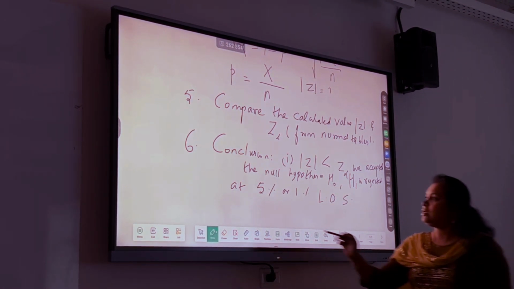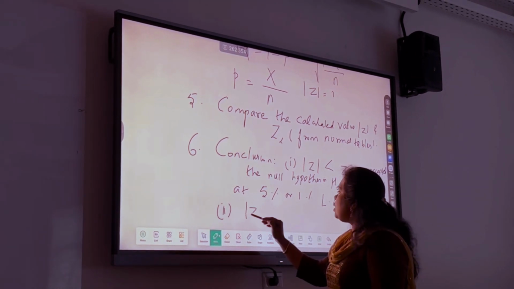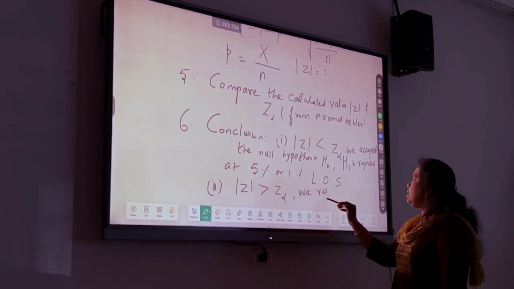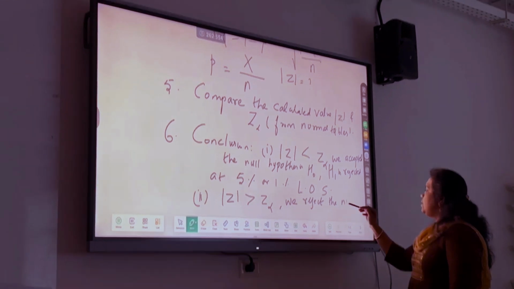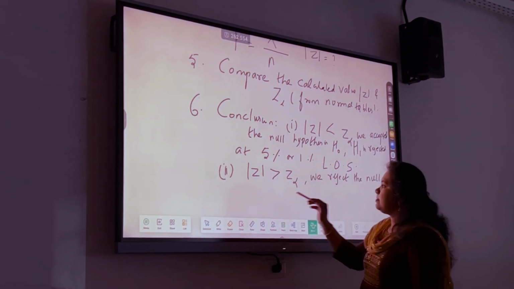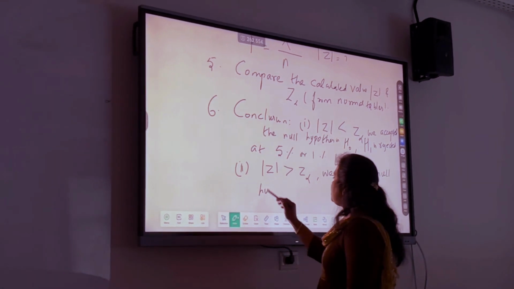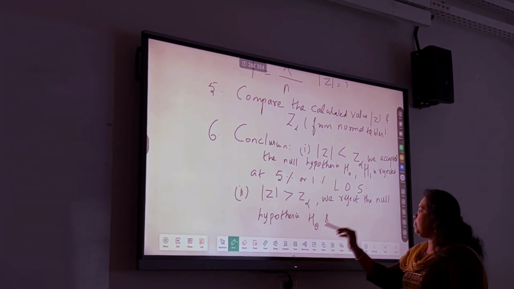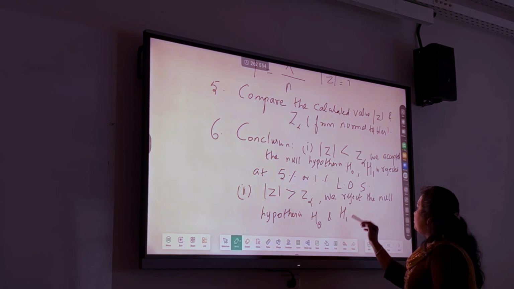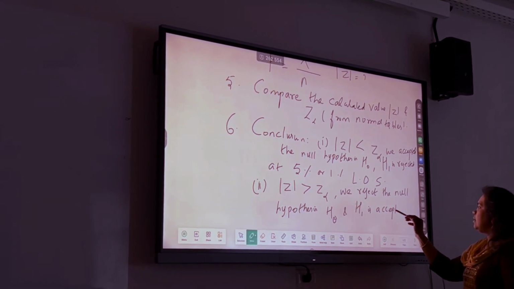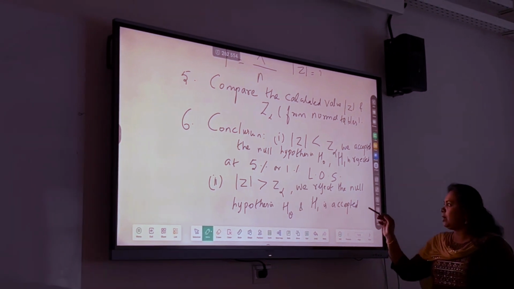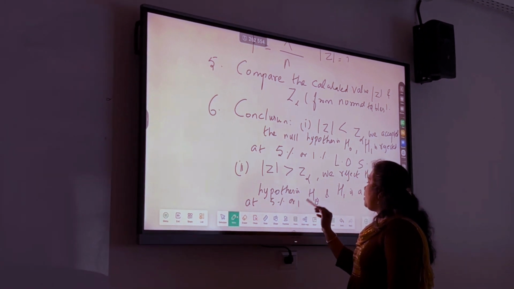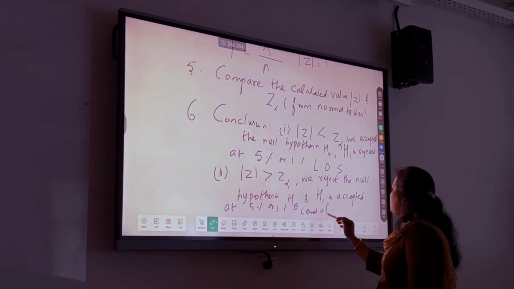This is the first conclusion. Similarly, if mod Z is greater than Z alpha, we reject the hypothesis H naught and accept the hypothesis H1 at 5% or 1% level of significance.